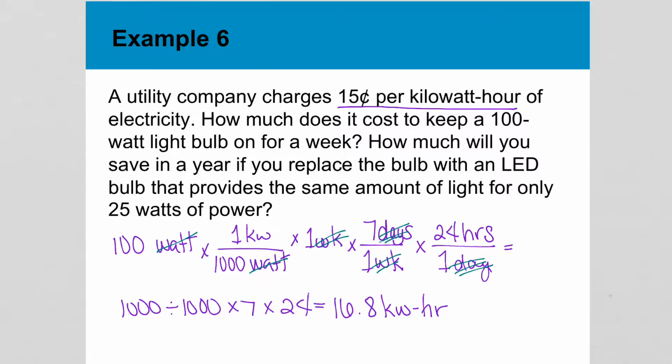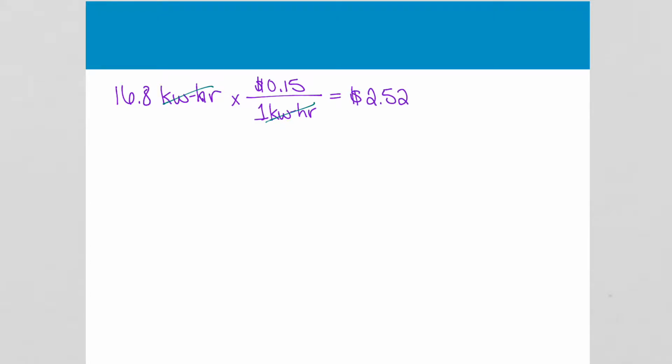So, if 100 watts is 16.8 kilowatt hours, and we know that 1 kilowatt hour costs us 15 cents, then we can multiply and get that this light bulb cost $2.52 for a week.